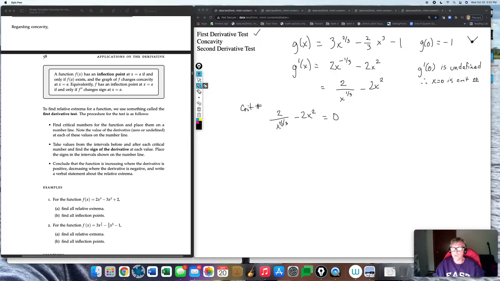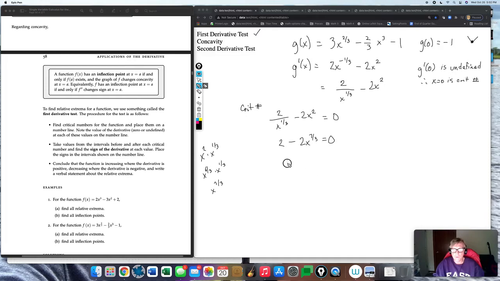Because I've already considered the fact that x is not 0. That's another critical number, right? So if I multiply everything by x to the 1/3, then I get 2 minus, what's x squared? Let's see, x squared times x to the 1/3. That's x to the 6/3 times x to the 1/3. That's x to the 7/3. Okay, so this is 2x to the 7/3.